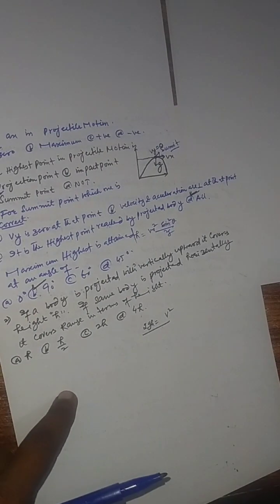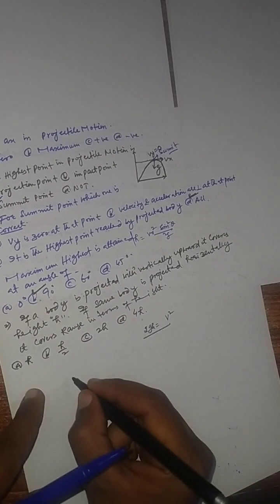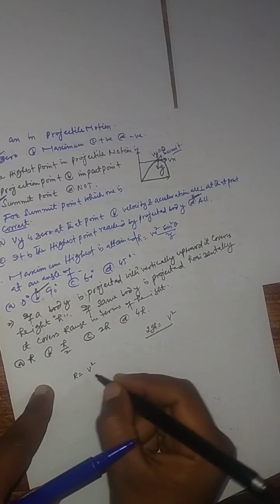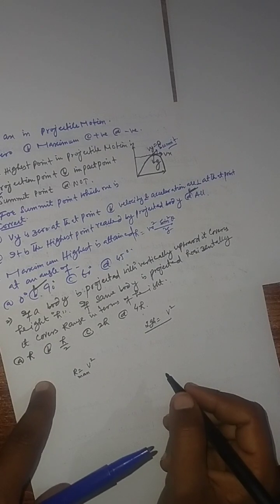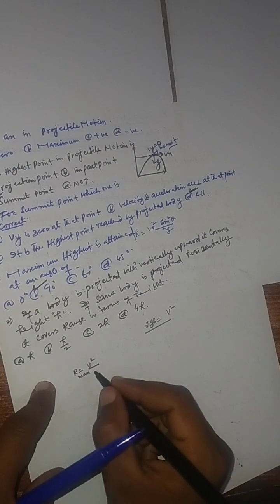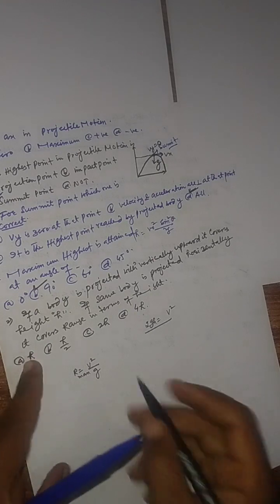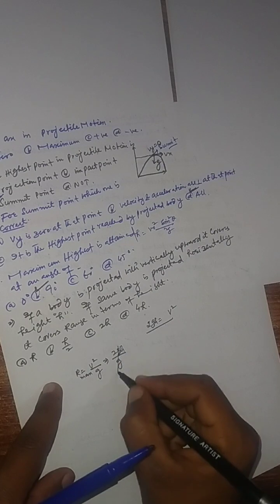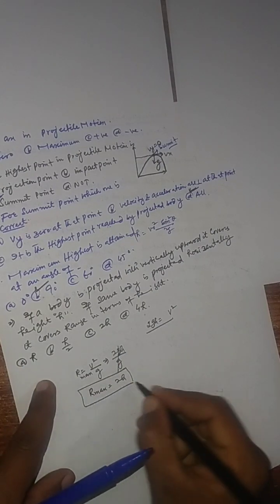If the same body is thrown horizontally, the maximum range is equal to v naught square over g. Then v square is equal to 2gh over g, g gets cancelled, and R maximum will be equal to twice h.